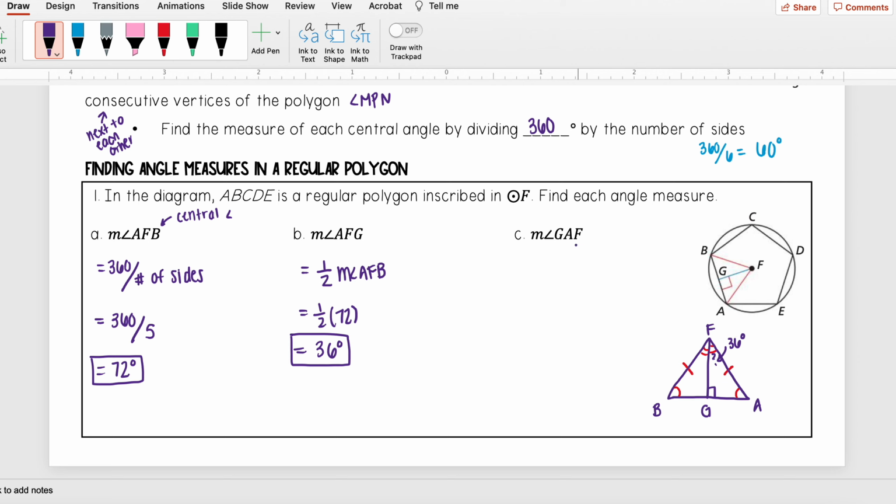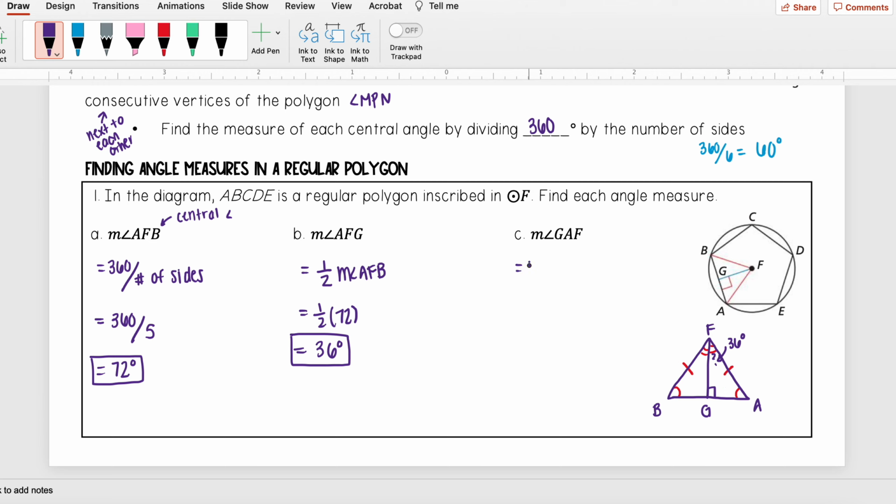Now I want to find the measure of angle GAF. So I want to know what this measure is down here. On the right-hand side, I have a right triangle. I know two of the angle measures, so I can use the triangle sum theorem to find the third angle.